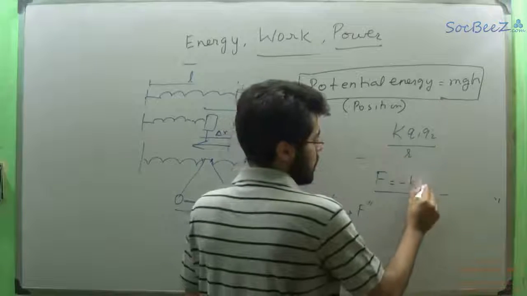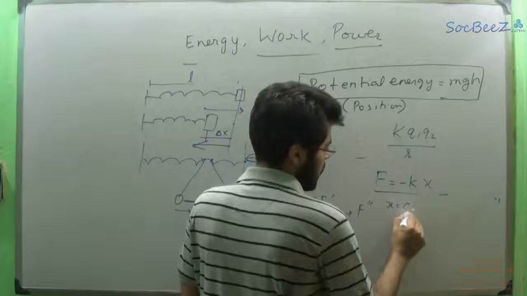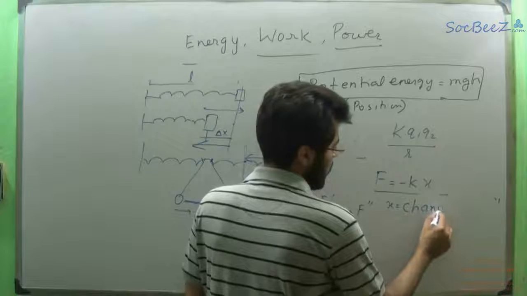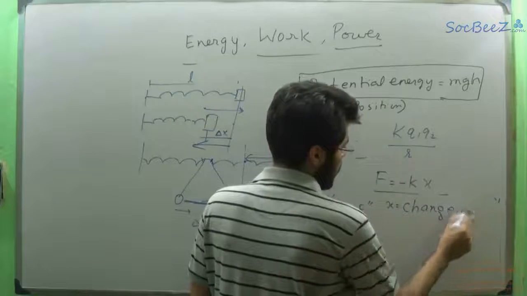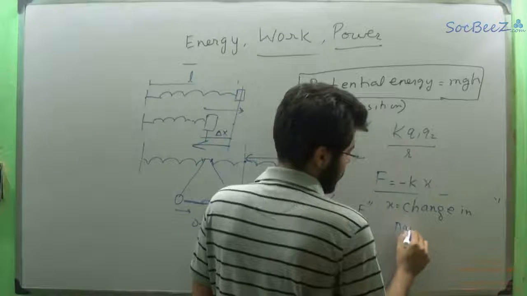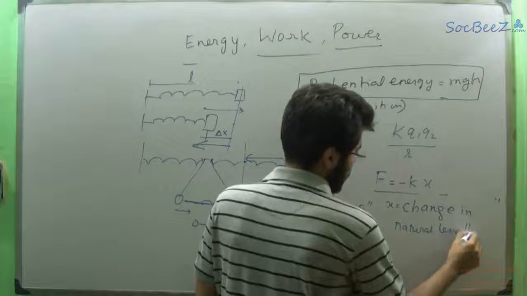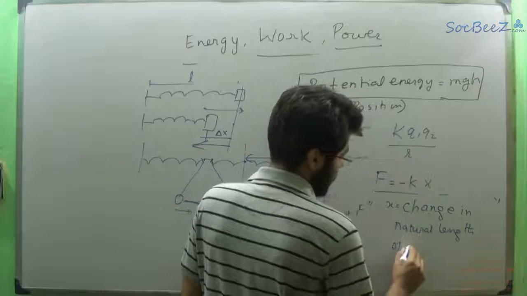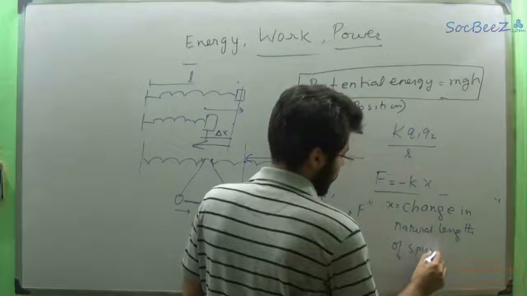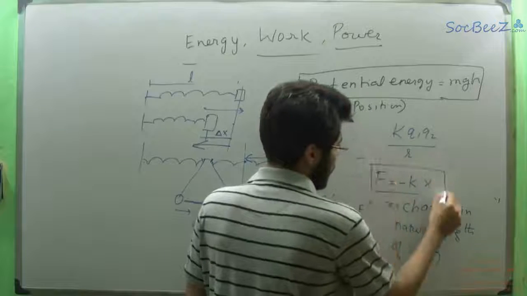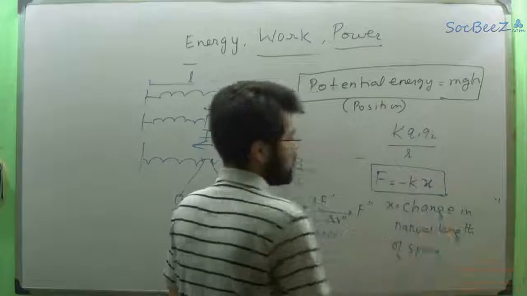But you can simply put x, where x is the change in length or natural length of a spring. F equals minus Kx.